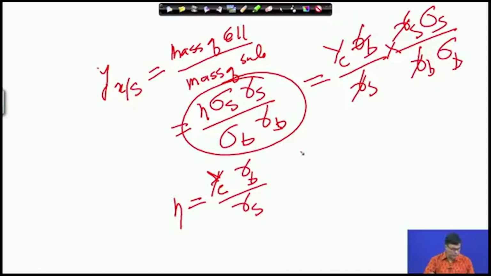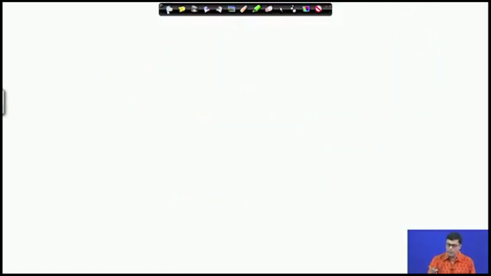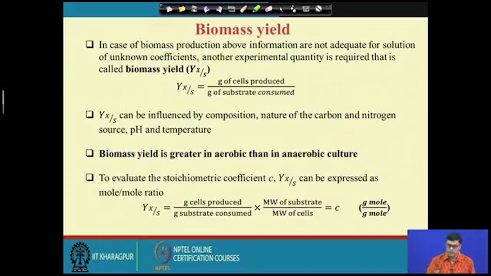So, we have Yc into sigma s by sigma b. What is this? This is the atomic weight of carbon by the molecular weight or gamma atom of substrate, and the atomic weight of carbon by the gamma atom of biomass. When you do that, your biomass will go there and you multiply, and you will come across this equation. So, you can easily find out how it has come.